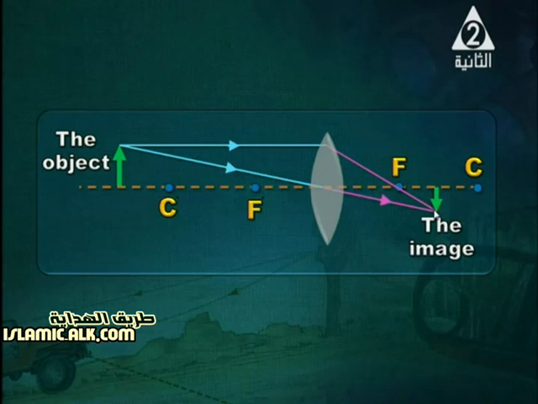The properties of this image: as we see, this image is smaller than the object, and it is inverted. Also, it is a real image, formed due to the intersection of the two refracted rays.